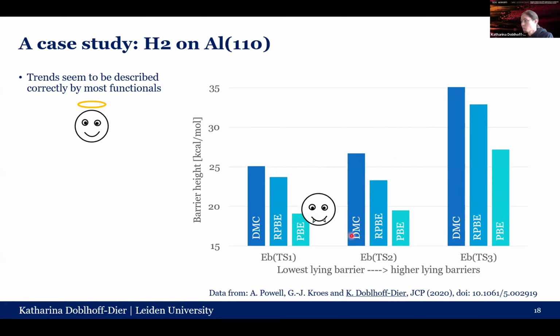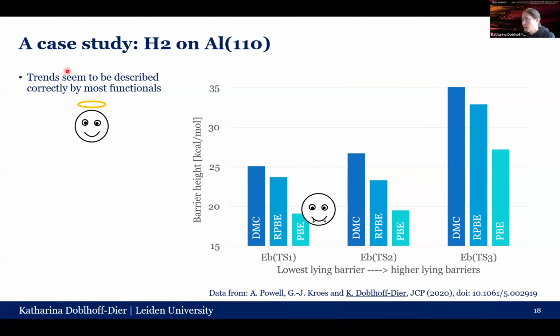And we could have done that for more systems. We always observe the same trend. So as long as we are in one system, apparently DFT gets trends in different barrier heights, even if they are on strongly different geometric sites on the surface. Even then we get them more or less correct.